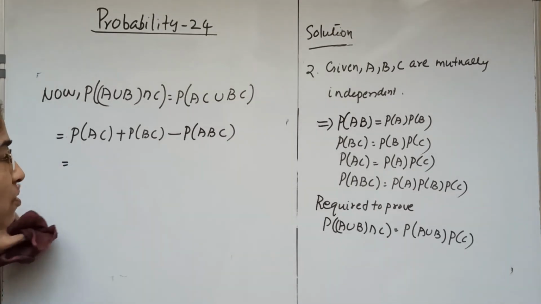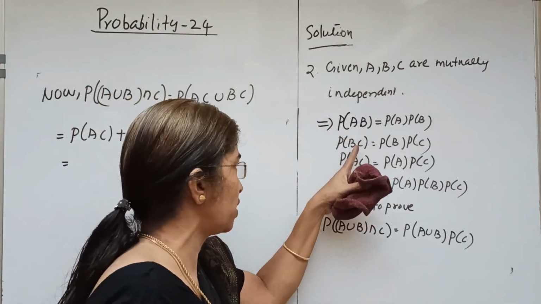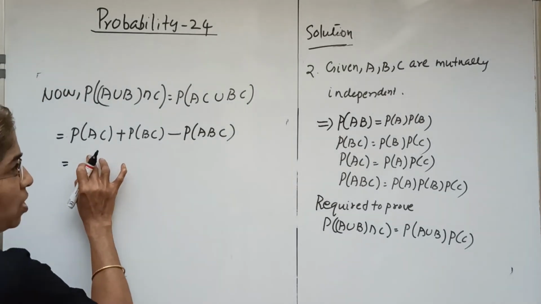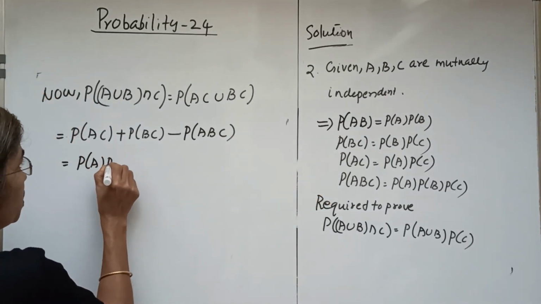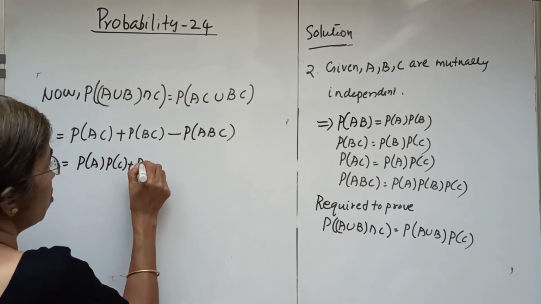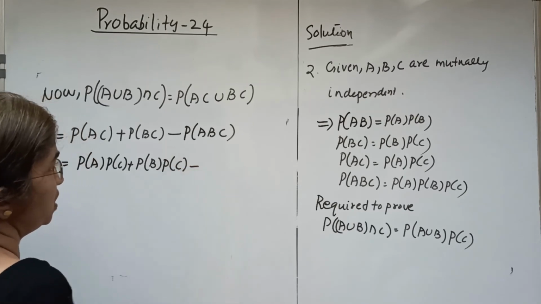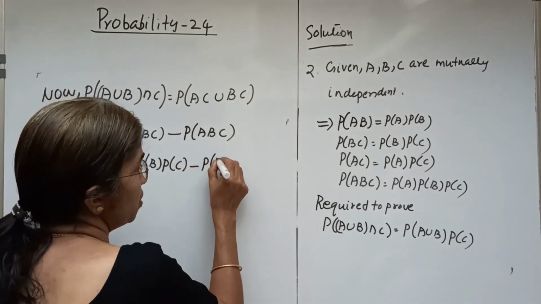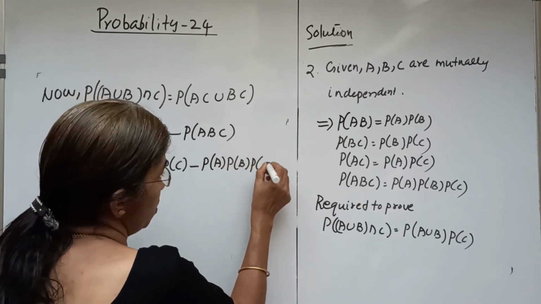Now, as the events are mutually independent, we can use these relations. P of AC can be written as P of A into P of C, plus P of BC can be written as P of B into P of C, minus P of ABC can be written as P of A into P of B into P of C.